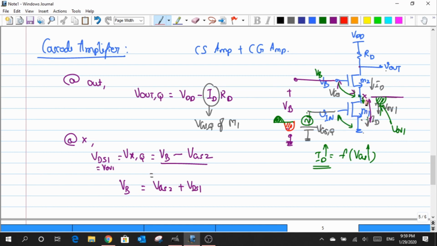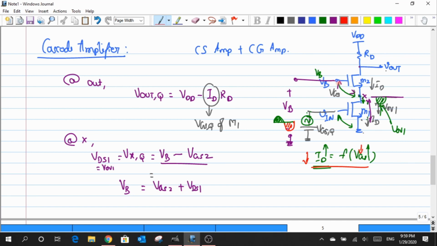So when the current is getting reduced, obviously the VGS2 of this M2 transistor has to get modified such that my M2 transistor supports the same current that has been defined by this M1 transistor. Again, by making use of the same relation, since the current has been reduced, I also have to reduce the VGS value in order to have the same impact, right?